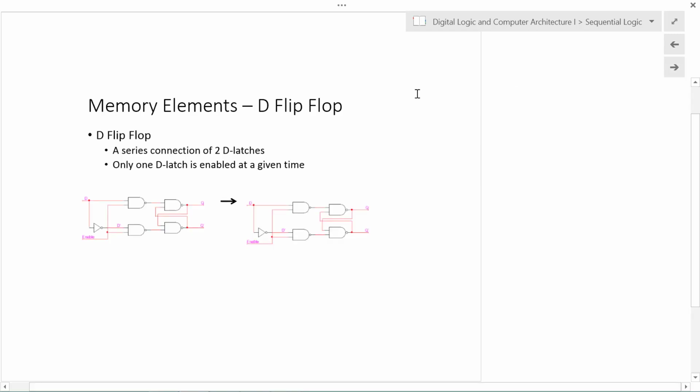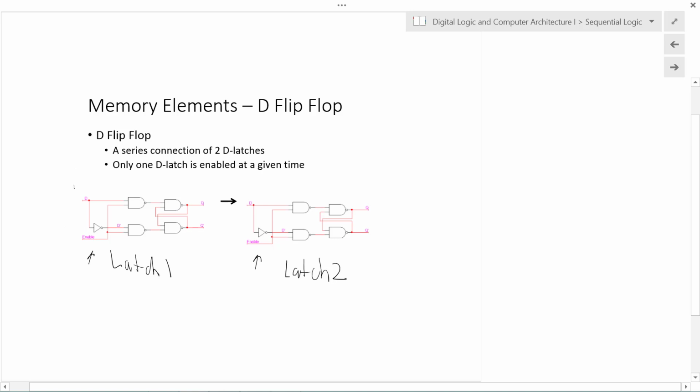The problem with the D-latch, unfortunately, is that if you have two D-latches connected to each other, so this is latch 1 and latch 2, notice that if you just connect them together directly and then connect the two enables together, it becomes transparent.